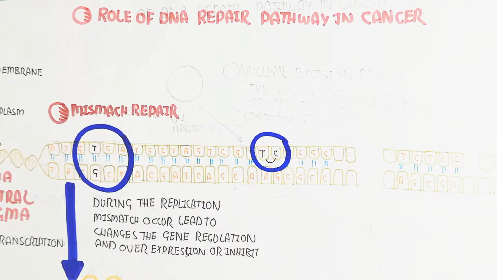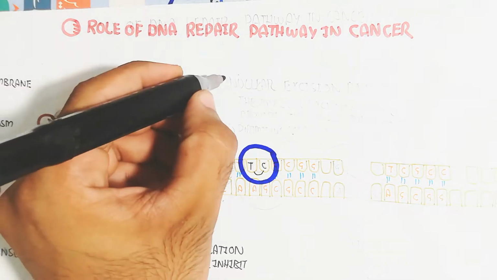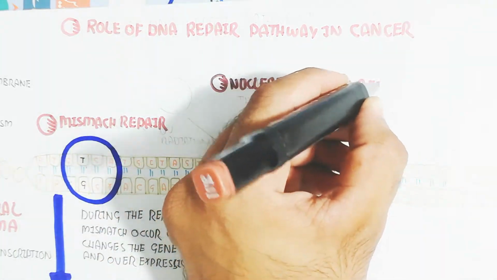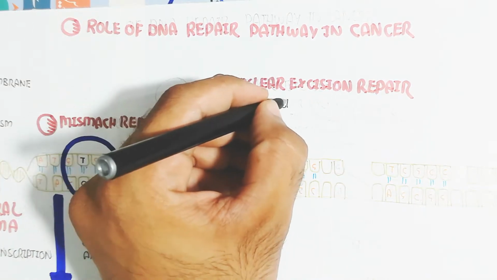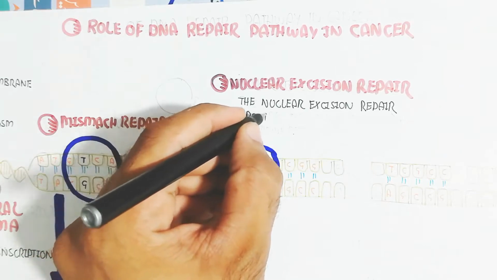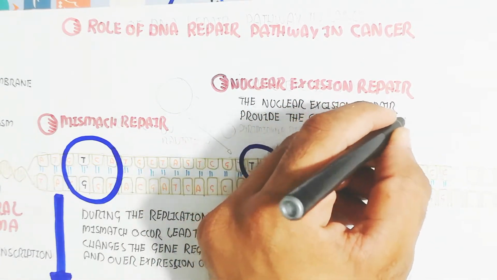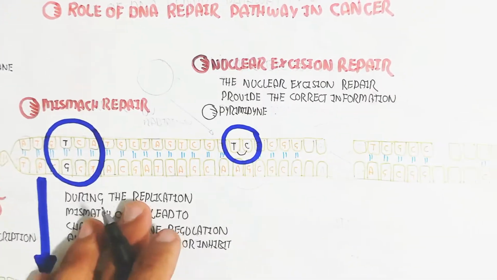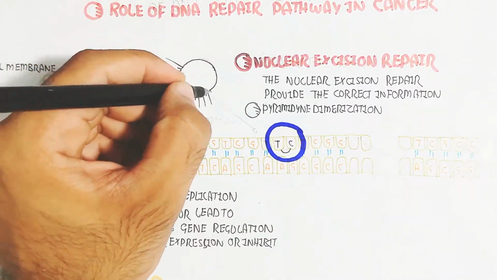On the other hand, here is the nucleotide excision repair. Nucleotide excision repair provides the correct information, and this is why pyrimidine dimerization occurs due to radiation. During cancer formation this occurs, but when it is not repaired enzymatically, we will discuss it in the next video in full detail.